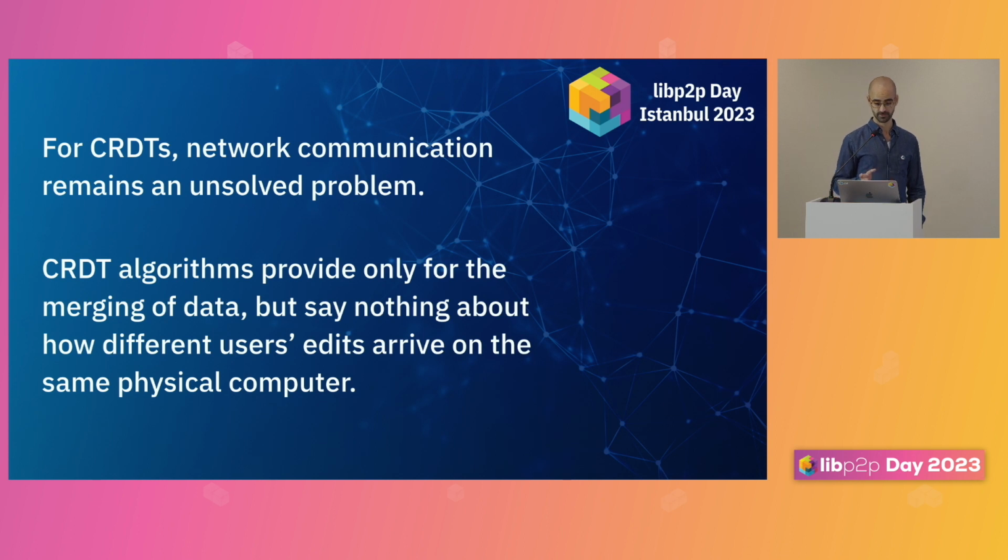And the thing about CRDTs like Automerge and many others is that in most cases, network communication is an orthogonal problem that they often don't choose to even solve. Even in the original local-first paper by Ink and Switch, they say that we haven't solved this.